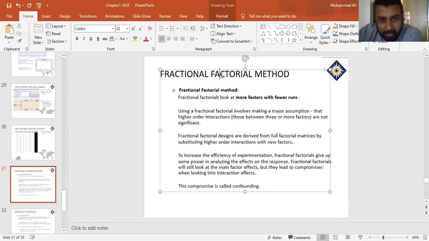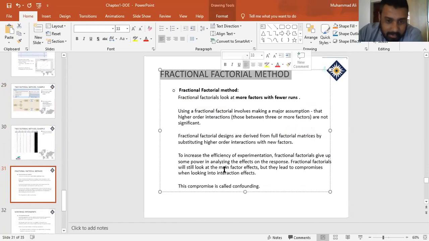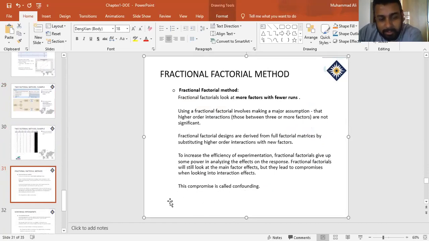Now, fractional factorial method, this is the most important one. For example, you have 4 choices for factor 1, 4 choices for factor 2, 4 choices for factor 3. It means that you need to do 4 multiplied by 4 multiplied by 4, 64 runs.